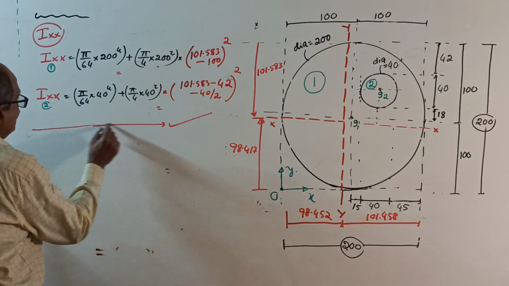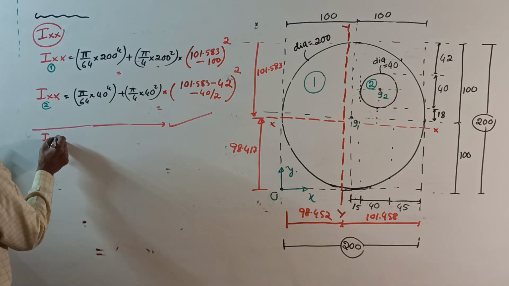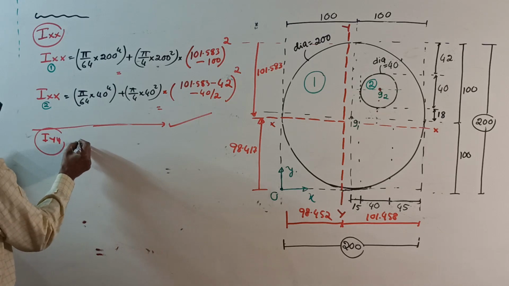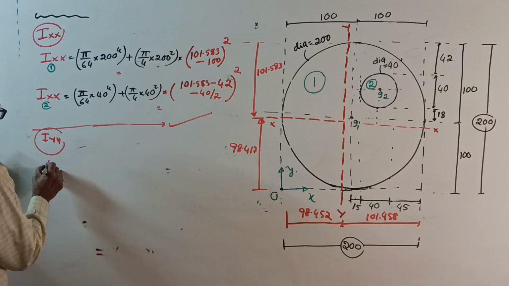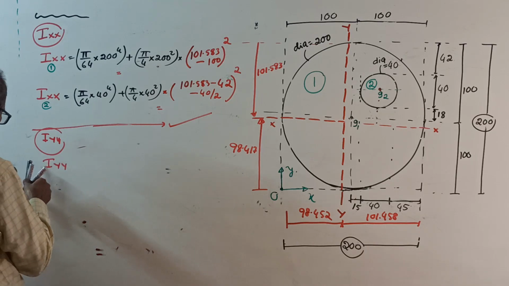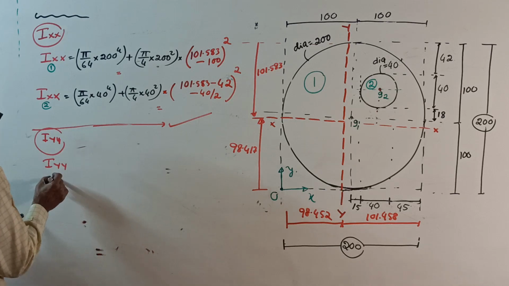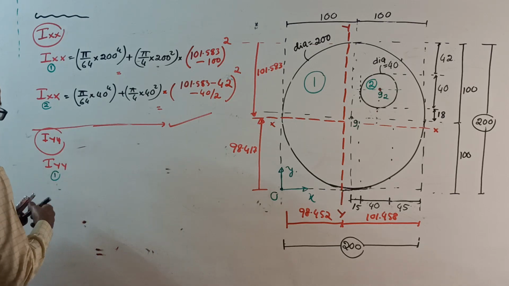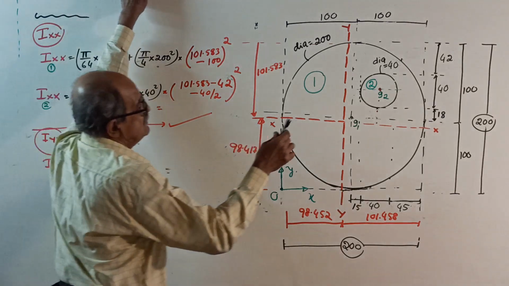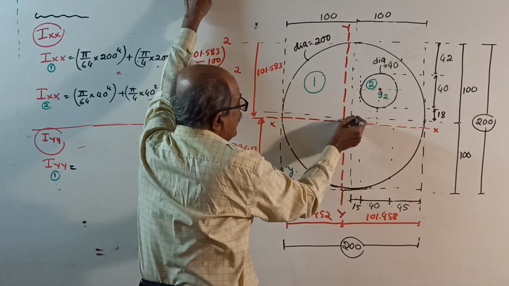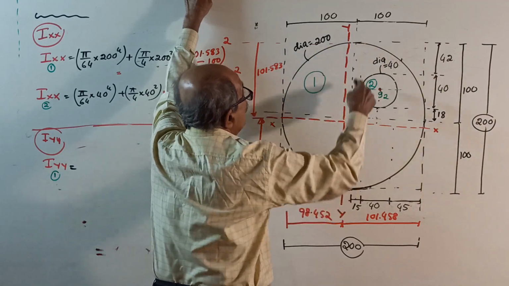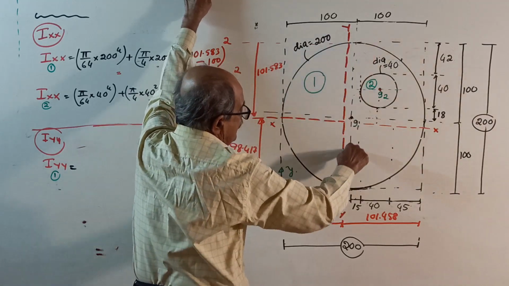Okay, start. I about Yy. First, I about Yy for 1. Come here. Its centroid is here. I about the axis passing through the centroid, parallel to Yy, is this axis.